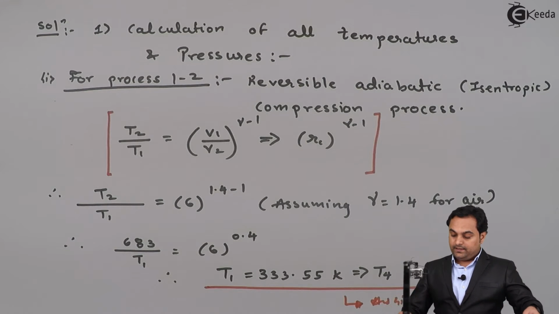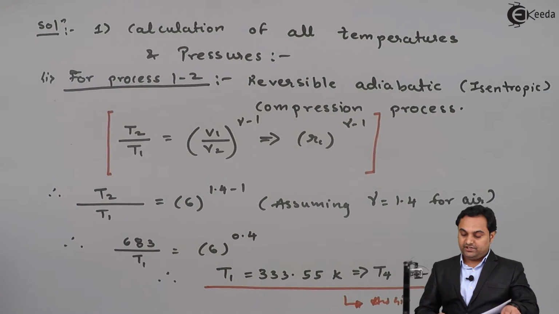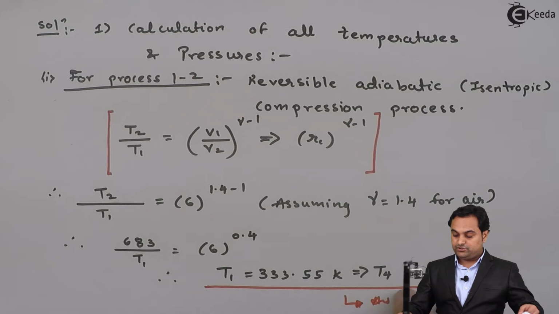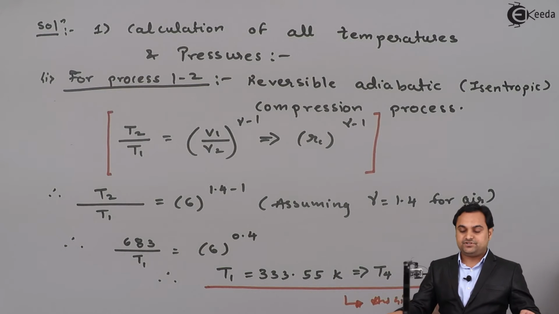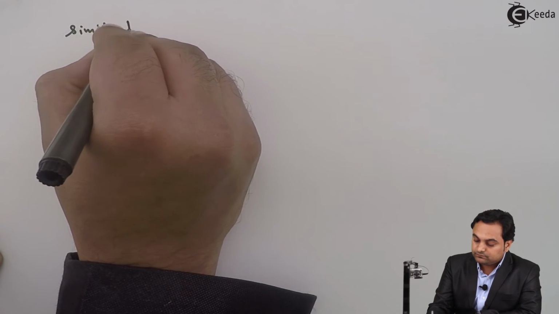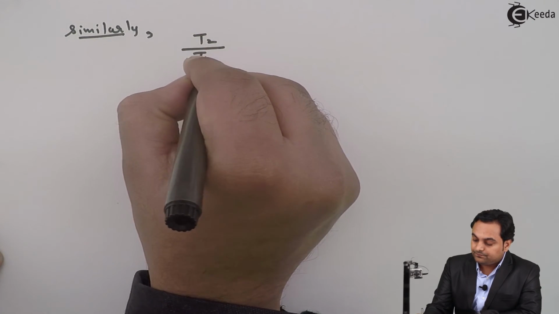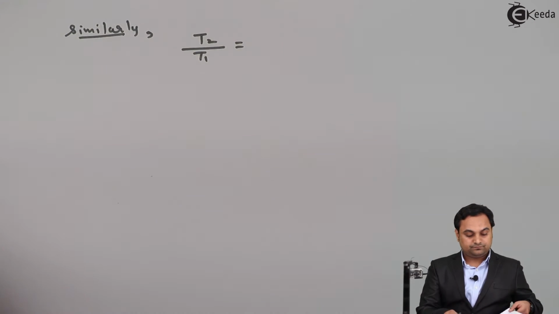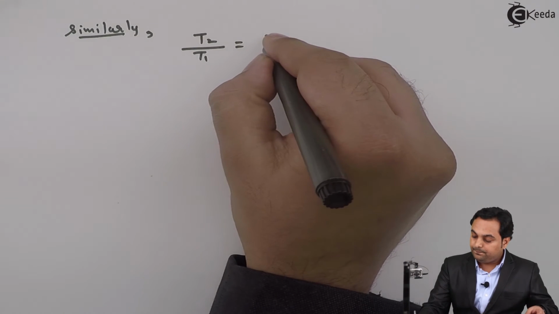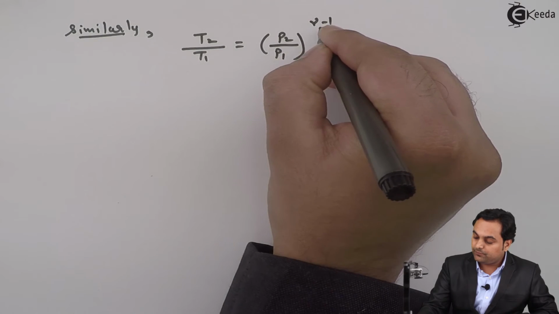Next, now as I have written the ratio for the temperature and volume, I can even write the ratio in the form of pressure, because we have to calculate temperatures and pressures at all points. So I'll write down, similarly, T2 by T1 is equal to P2 by P1 raised to gamma minus 1 upon gamma.